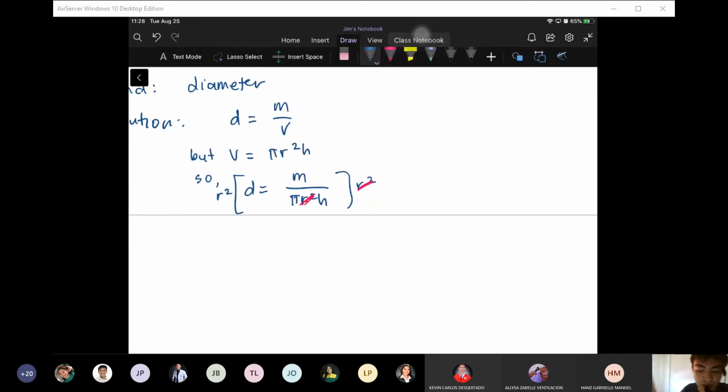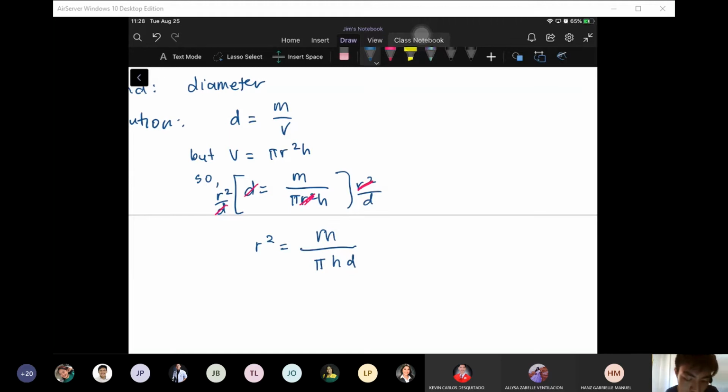On the left side, we have density, so we divide both sides by the density. So we can cancel the terms. The final equation will be r square equals m over pi h d.